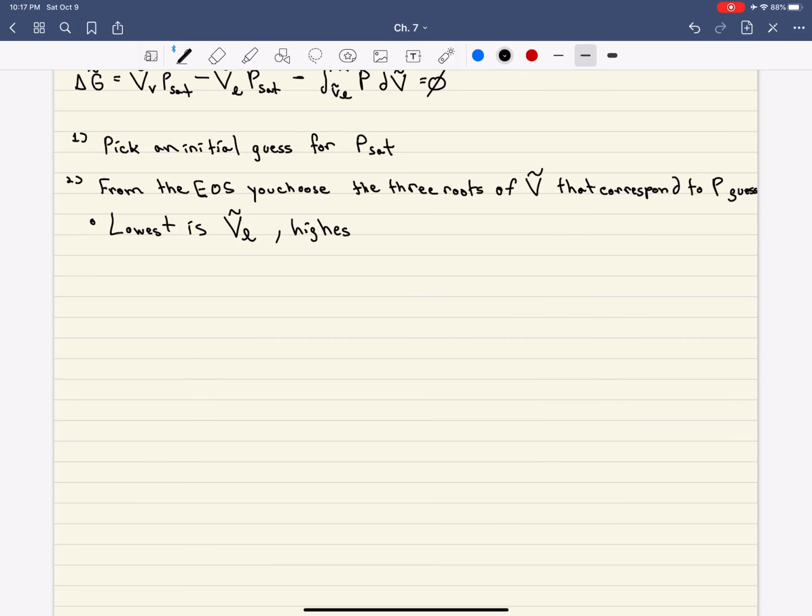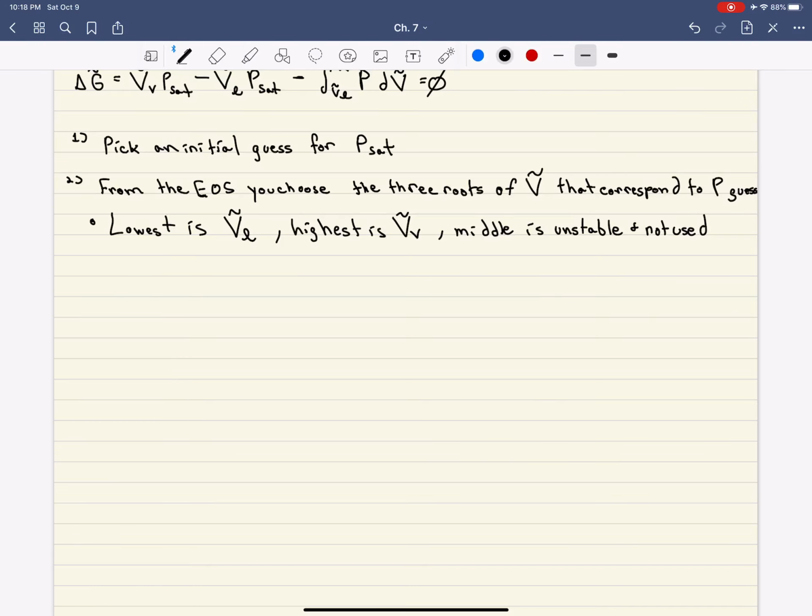The largest of the roots would correspond to the molar volume of the vapor. And whatever the middle root is would correspond to something that is unstable and is a value that isn't used.